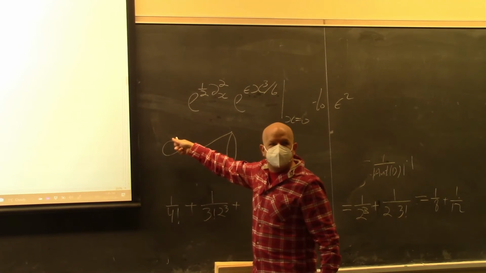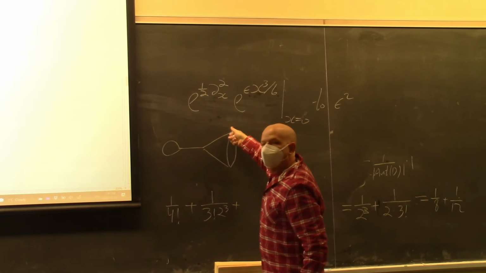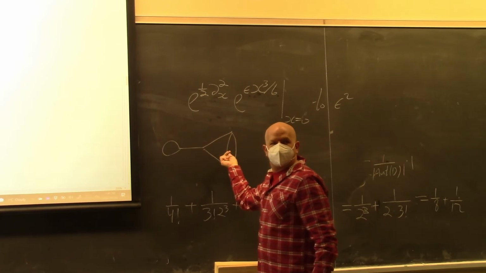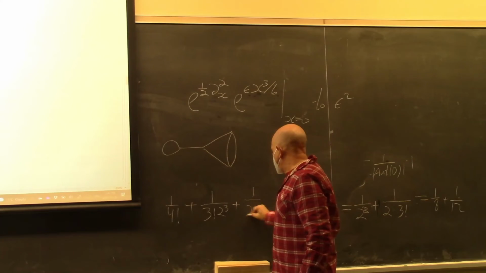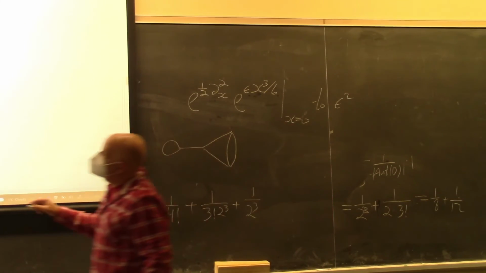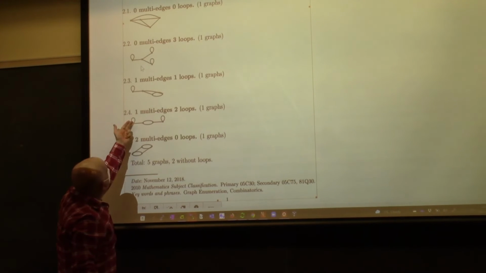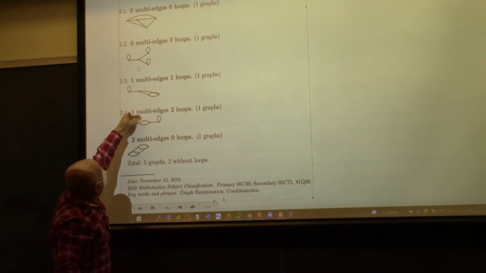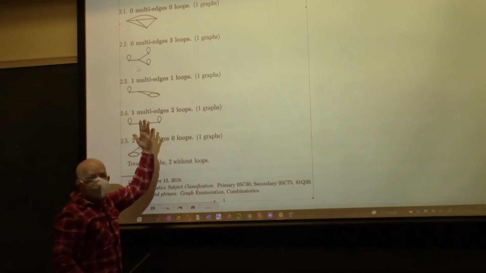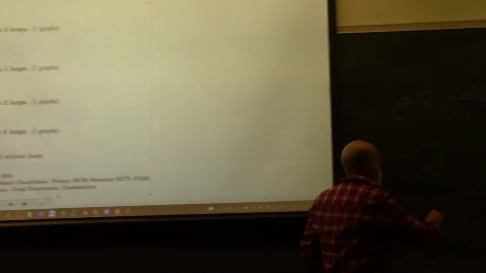This can be flipped, this can be flipped, and this can be flipped. So it's 1 over 2 cubed. The next one, so here you have, this can be flipped, this can be flipped, this can be flipped, and the overall thing can be flipped. That's 1 over 2 to the 4.